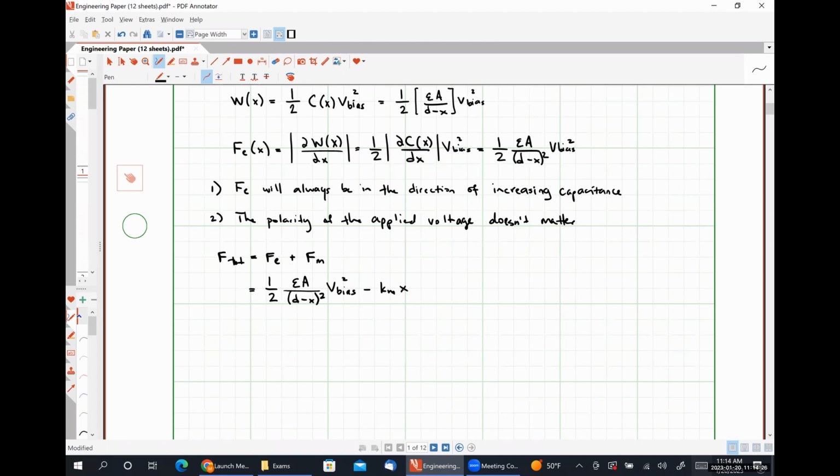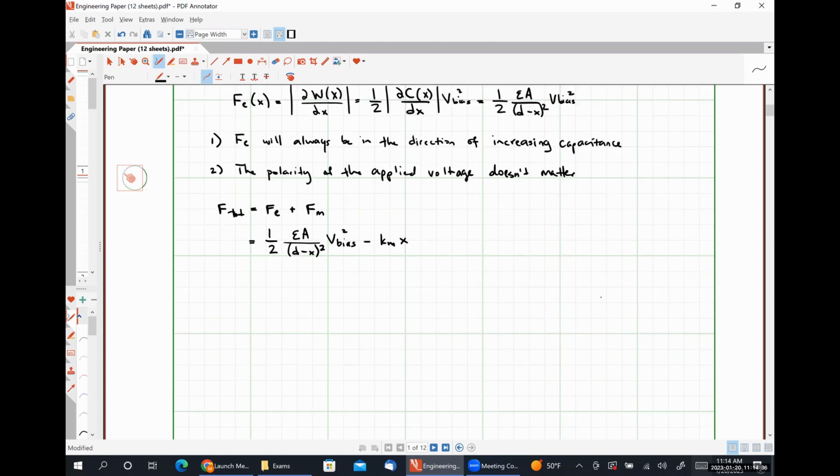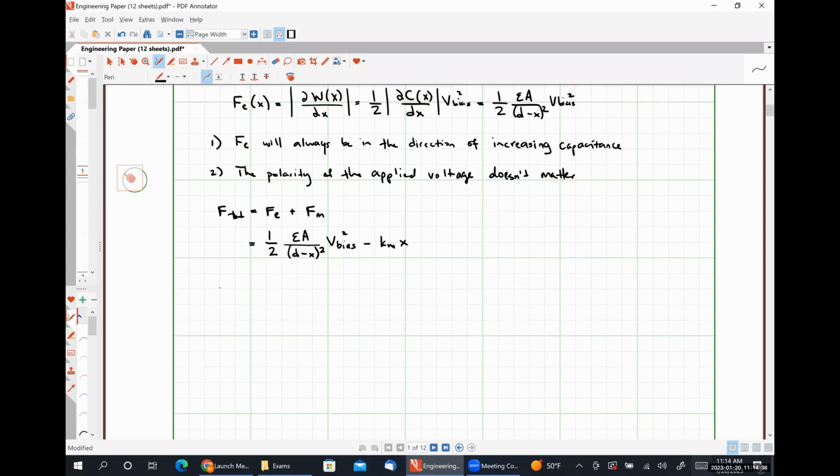We're going to do this by treating the pull-in effect as an electrostatic spring force. So our total spring constant for our system is going to be the derivative of our total force as a function of position, taken with respect to position.